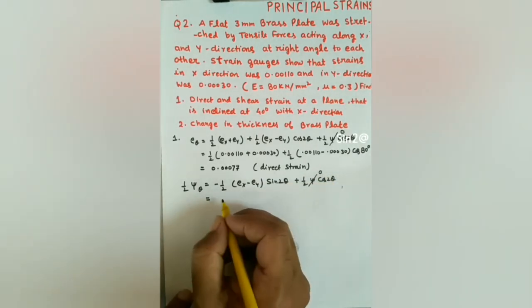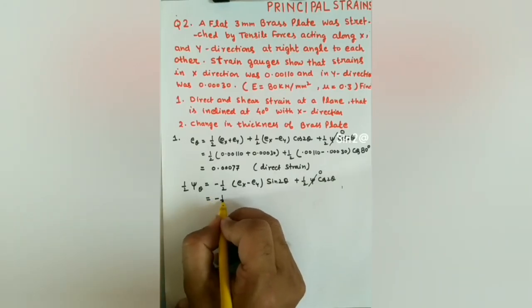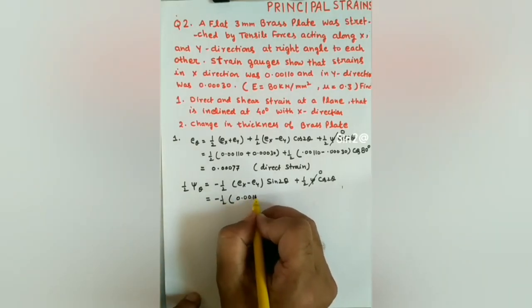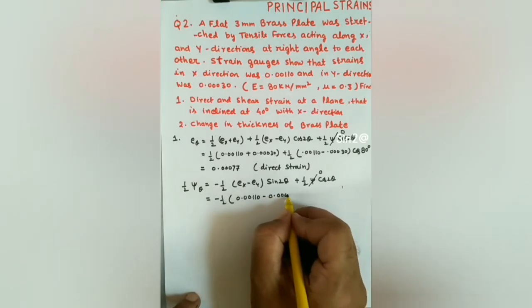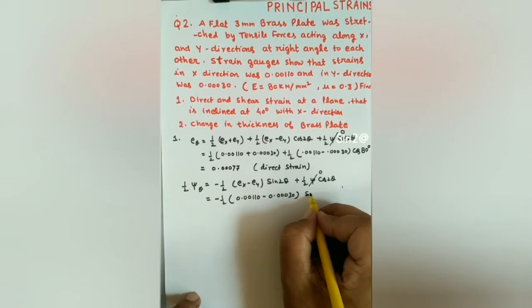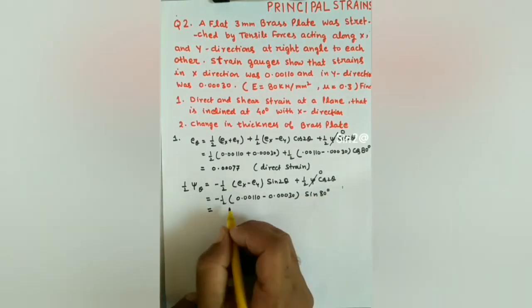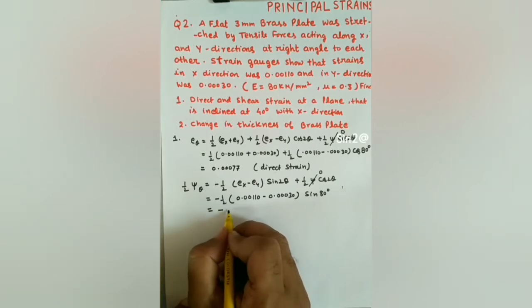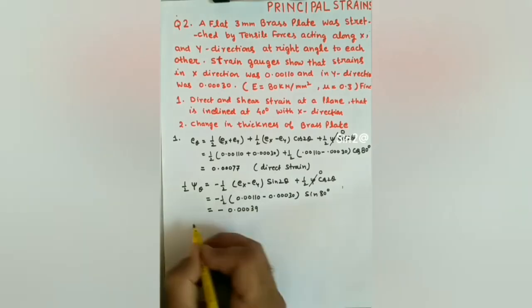So we get 1 by 2 psi theta is equal to minus 1 by 2 (0.00110 minus 0.00030) sine of 80 degrees, which gives value of 1 by 2 psi theta negative 0.00039.